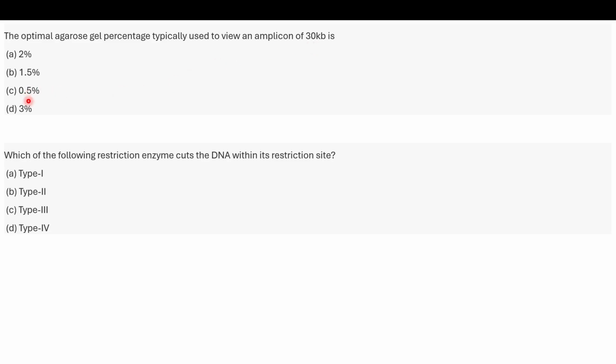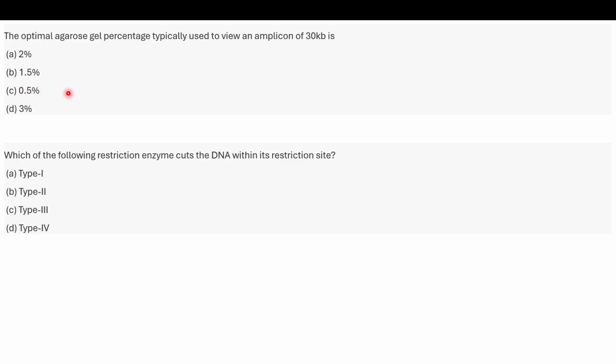Similarly, if I am using a 0.5% gel for only 100 nucleotides, there won't be any resolving as such. It will just easily move through such larger pores, and it can even come out of the gel as well.